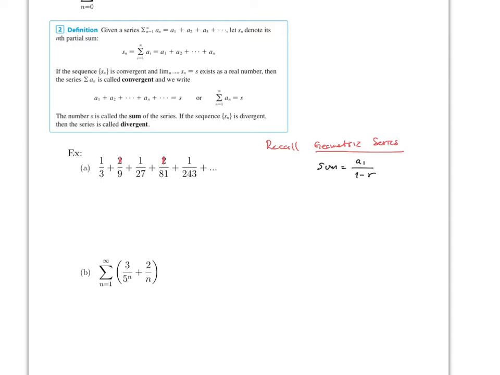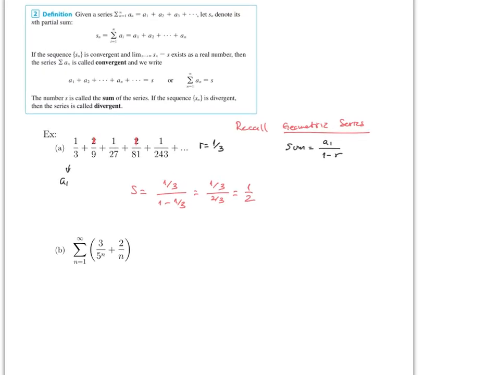Notice the 1/3 times 1/3 will give you 1/9. 1/9 times 1/3 will give you 1/27 and so forth. So here this is geometric with r equal to 1/3, and a1 is 1/3. So therefore the sum is going to be a1, which is 1/3, divided by 1 minus 1/3. So it will be 1/3 divided by 2/3, which is equal to 1/2. So therefore, if you add all the values, it will give you 1/2.